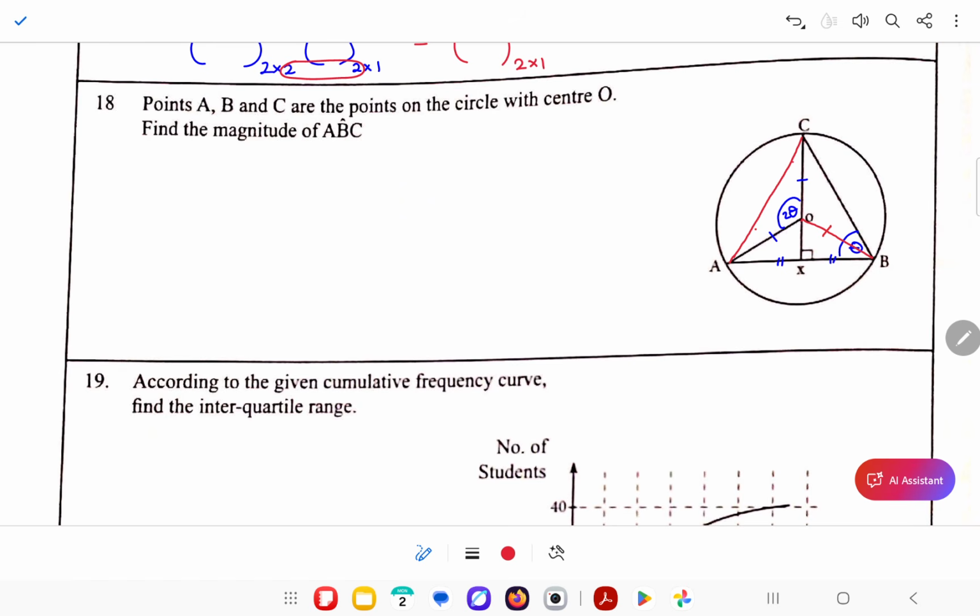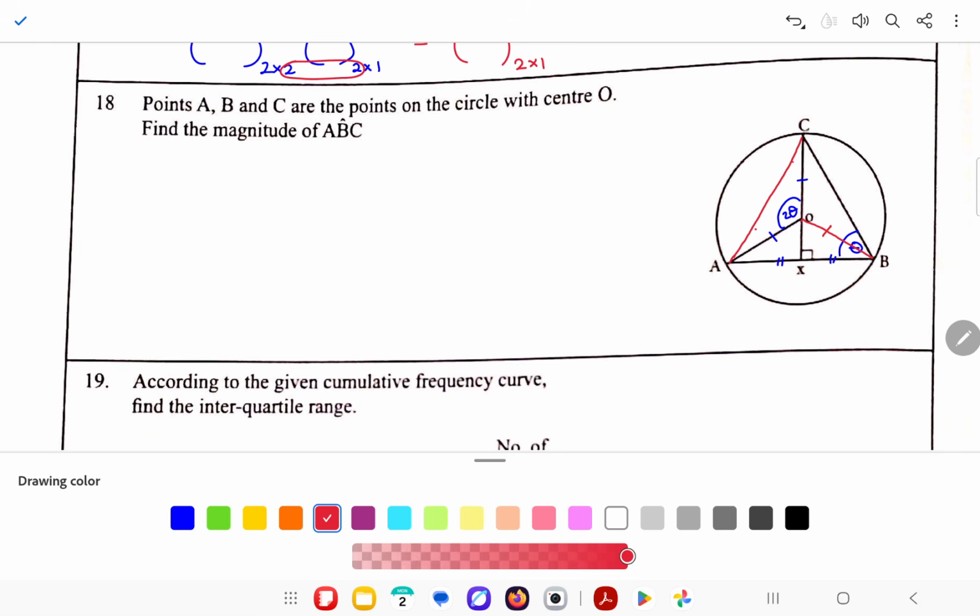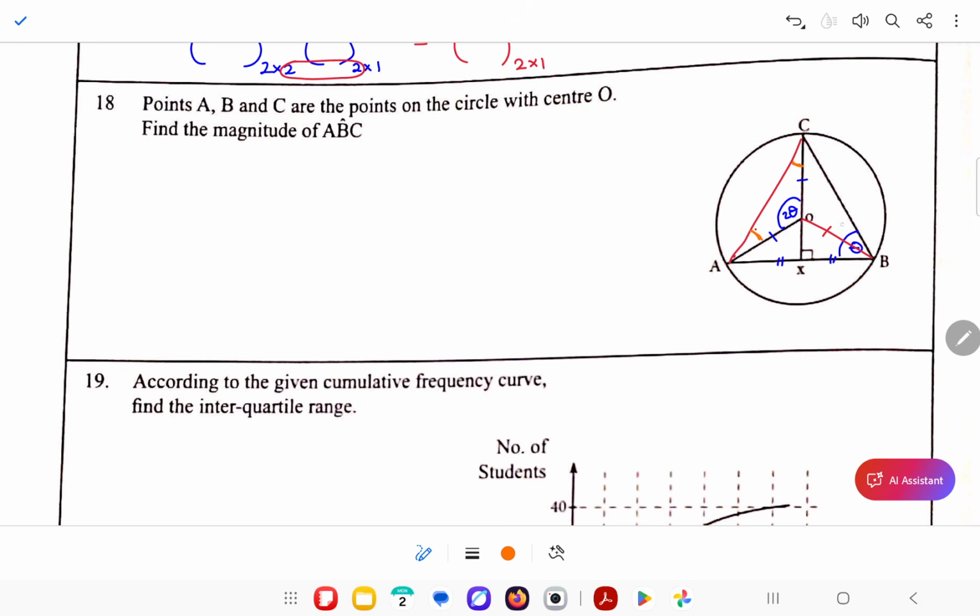It's 180 minus theta, 180 minus theta. Oh, no. 90 minus theta, 90 minus theta, 90 minus theta. This is also right. So these are all 90 minus theta. No? This is also 90 minus theta. So because OCB is isosceles, this angle is also 90 minus theta.